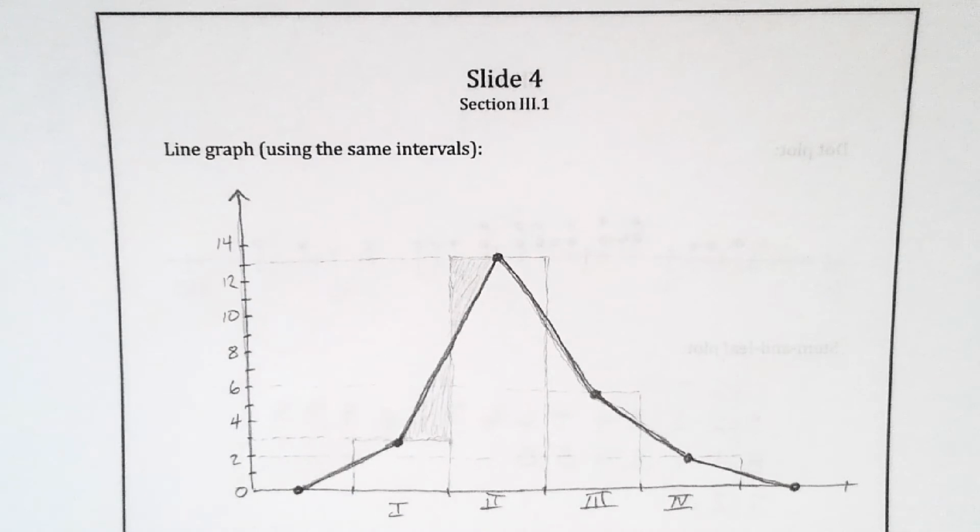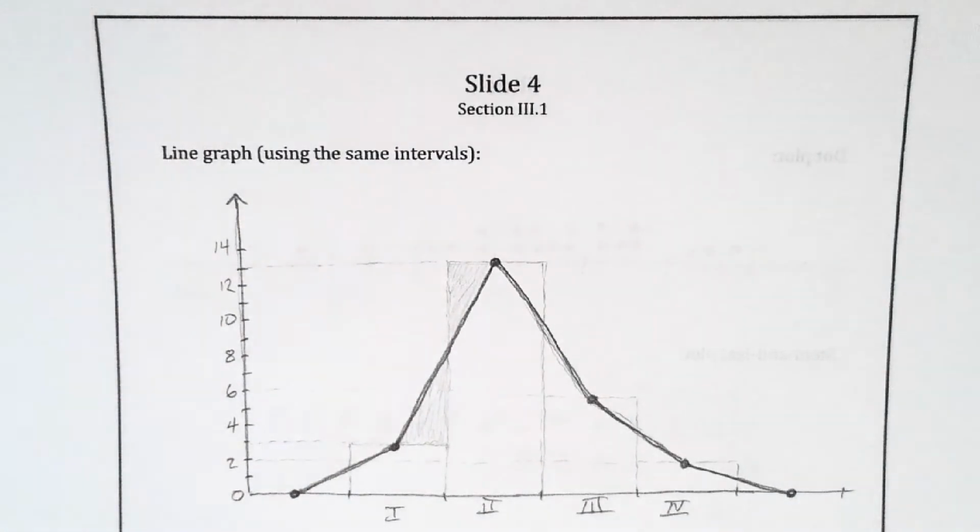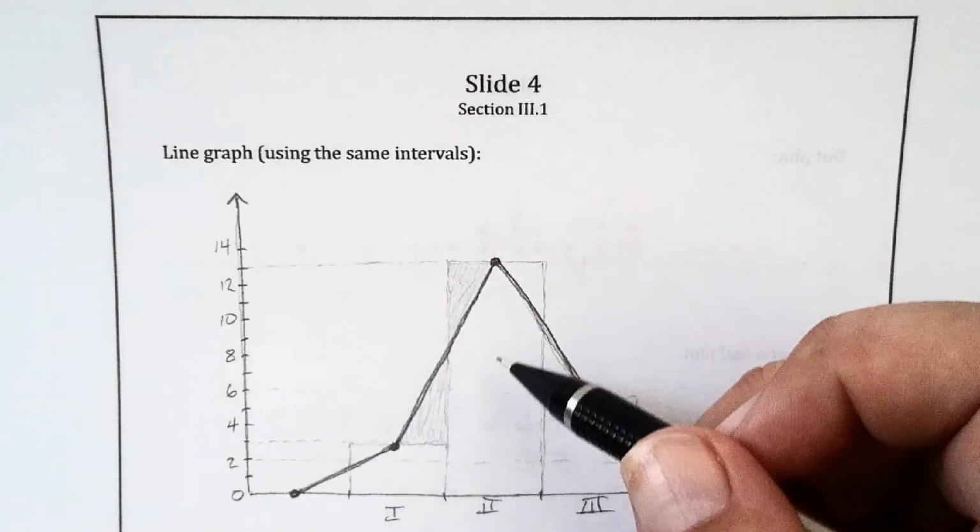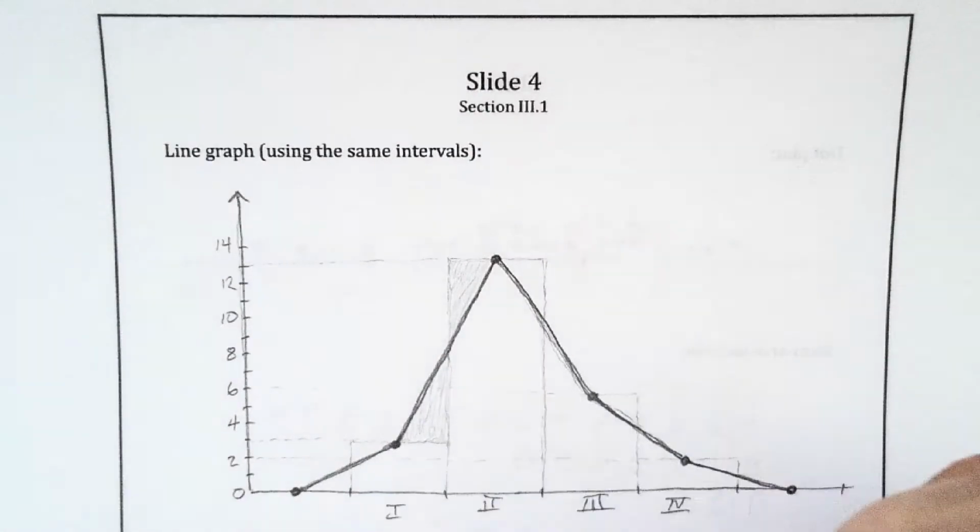Again, it still satisfies this property that I mentioned for the histogram, that if you regard each interval as being 1 unit wide, the area under the line graph is equal to 24, which is the size of the data set. And if all I had were this chart, and I wanted to estimate how many people scored between X and Y on the horizontal axis, 69 and 77, or just whatever numbers I wanted to make up, I could figure out the area underneath that graph for that interval.